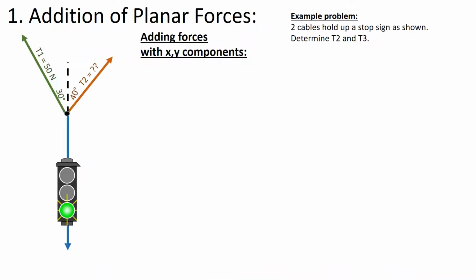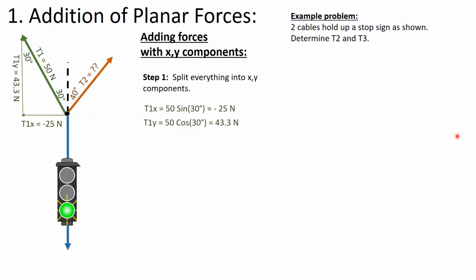Let's walk through that component method once again, starting from our free body diagram. So this time I'm not even going to add the vectors into a triangle. You start by drawing the forces right on top of the picture, where they come together, label all the angles, and you're going to split everything into their x and y components.